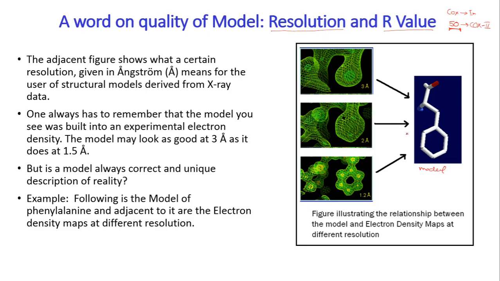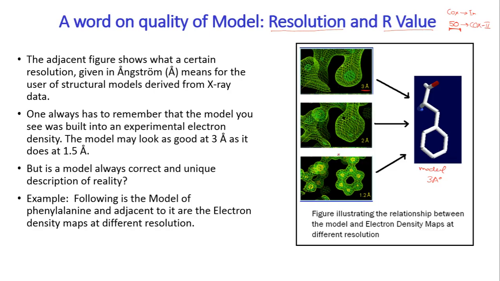When we say that I have downloaded a model with a 3 Armstrong resolution, that means you have downloaded a model created by fitting into an electron density map with a resolution of 3 Armstrong. The electron density map might look something like this.